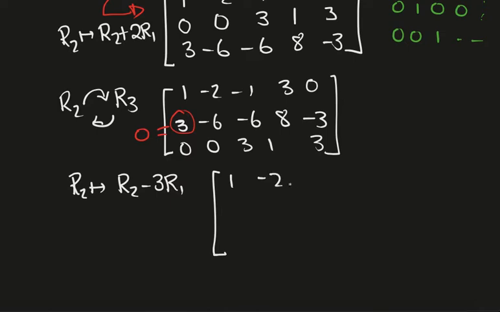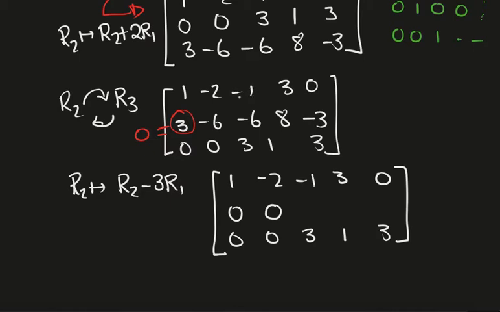So that does not change the first row or the third row, which is 0, 0, 3, 1, 3. Now we take 3 of that, we get 0. 3 times negative 2 is negative 6, but we subtract it, so we'll get a 0 here.